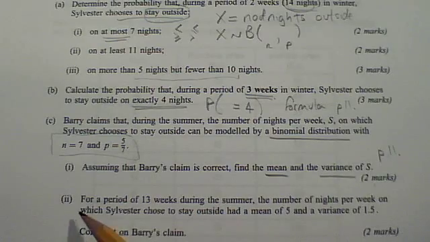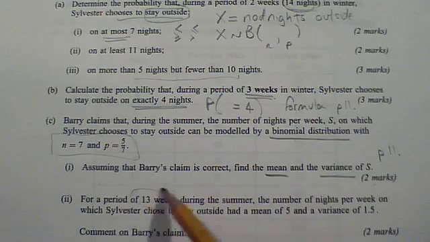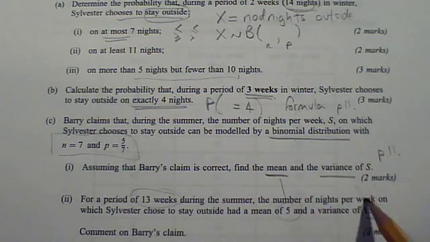And then, dotty 2, this is really common, after you've worked those out, we then have some sample data, a period of 13 weeks. The data collected in those 13 weeks of the number of nights per week he stayed out has this mean and this variance. And you're going to compare those with the values before. You're going to comment on whether they're the same or close or a long way away.